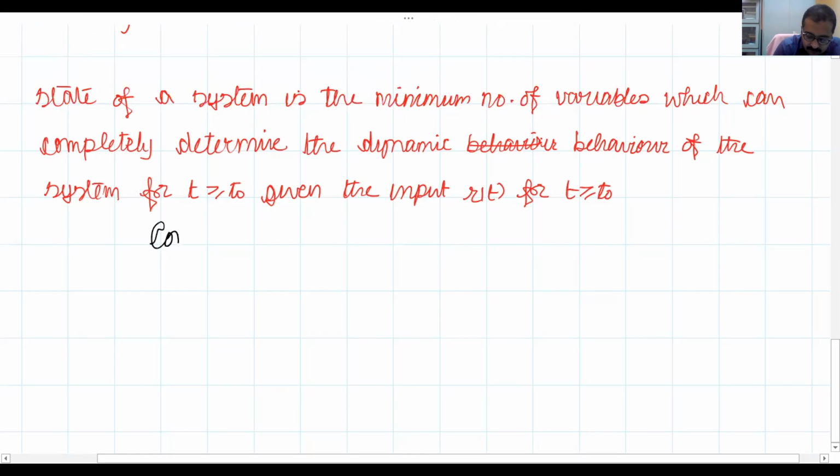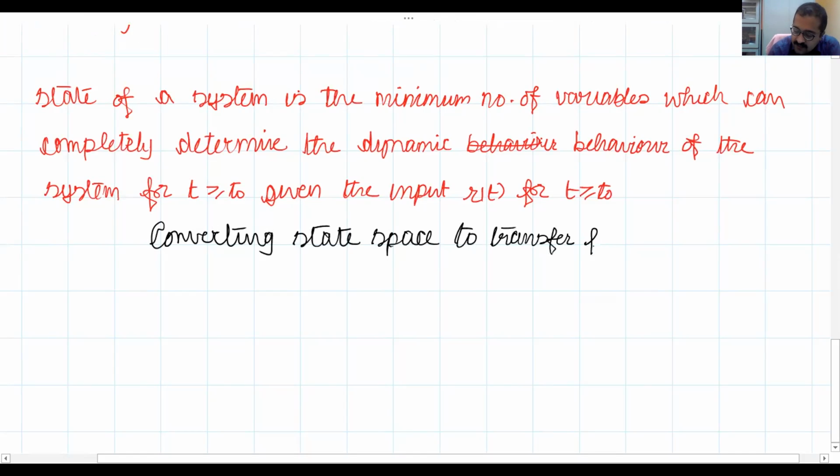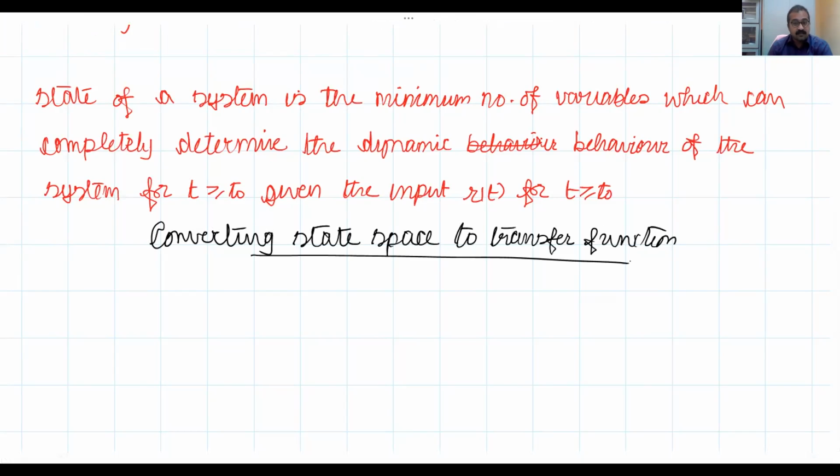You are given the equation x dot equal to Ax plus Bu, or you are given the system matrices A, B, C, D. How can we obtain the transfer function?